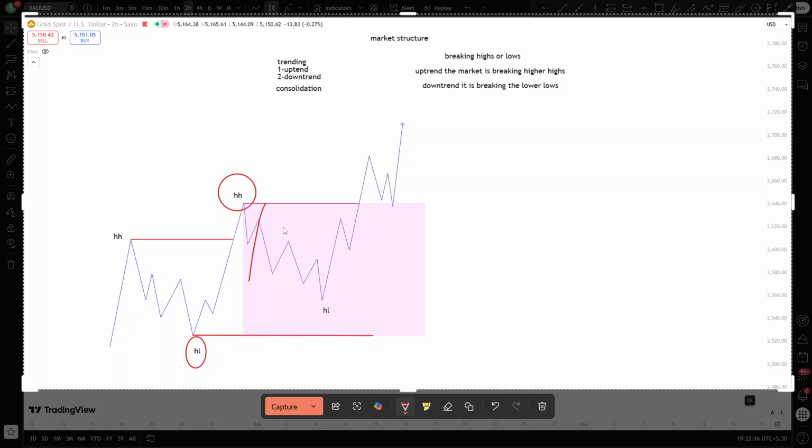Everything inside here is going to be considered as internal structure.